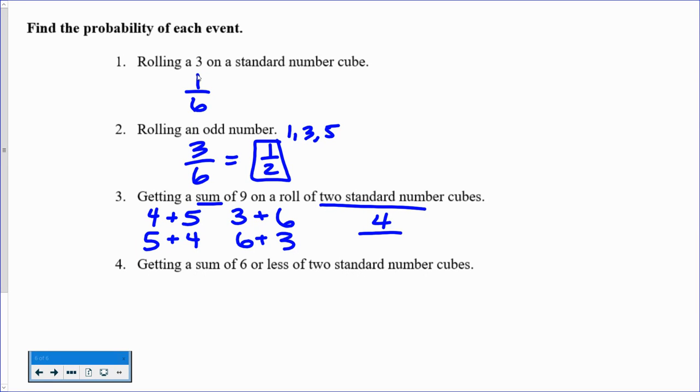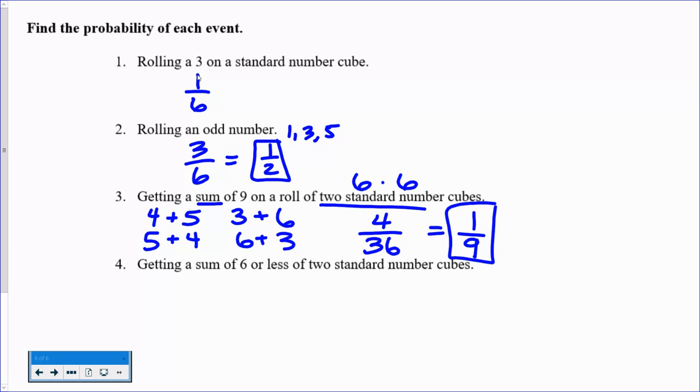But coming back to our previous lesson about using the counting principle, if one die had 6 options, and then we have another die that has 6 options, I multiply the amount of options together. So there are 36 options. Okay, I can divide both the top and bottom by 4, so 1 out of 9 would be my simplified answer.